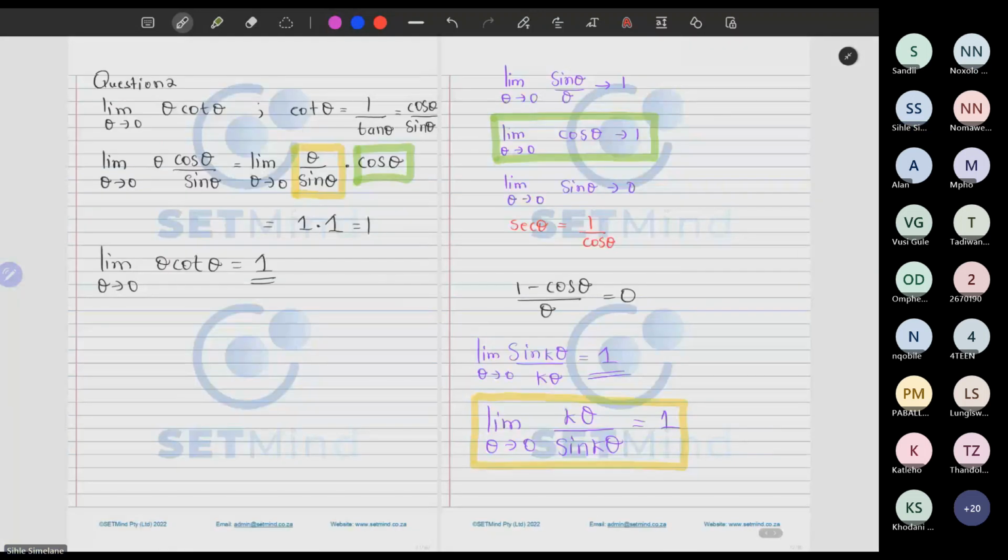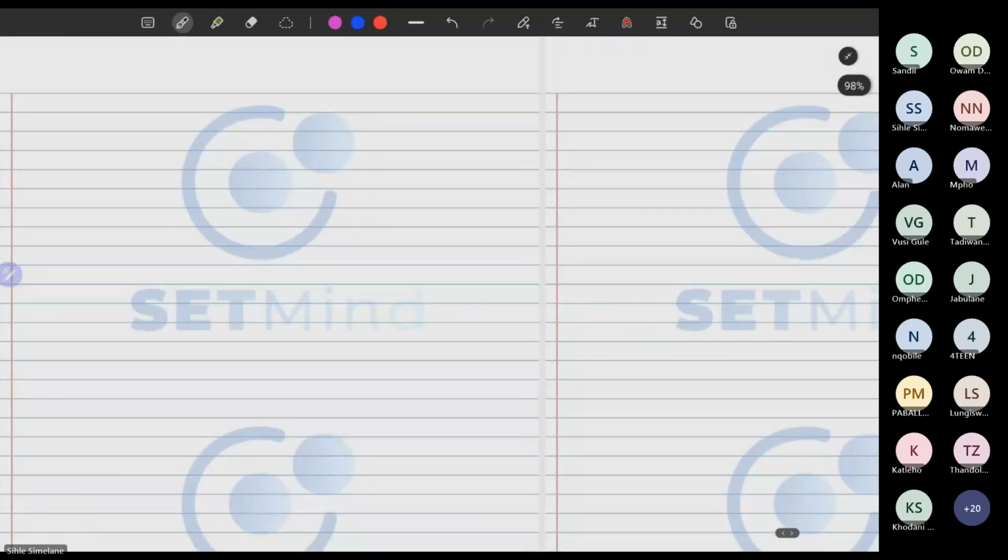Yes. Is it a calculus or an algebra problem? Anyone else with a problem?